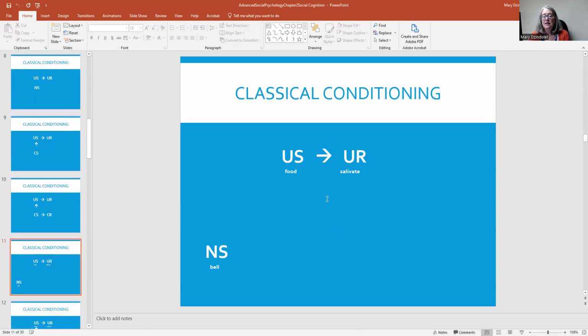So let's go through the example specifically with food and salivation. The reason why I'm using food and salivation as our first example is because Ivan Pavlov was the one who first discovered classical conditioning. He was a medical doctor who was interested in digestion. So he set up dogs where he could really look at their digestive system. And what he found is that in no time at all, graduate students who would be feeding the dogs would come into it, and all of a sudden the dogs would start salivating.